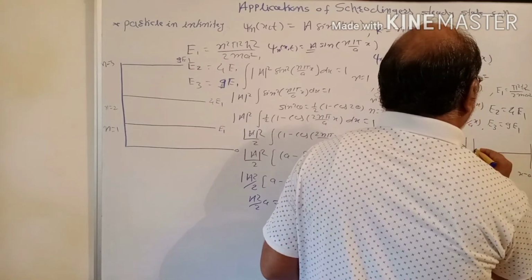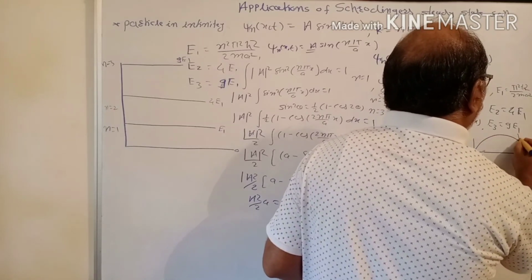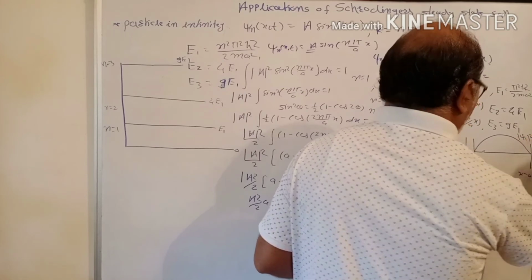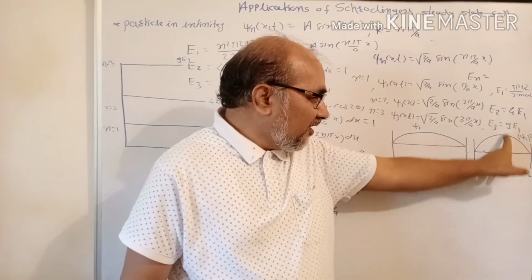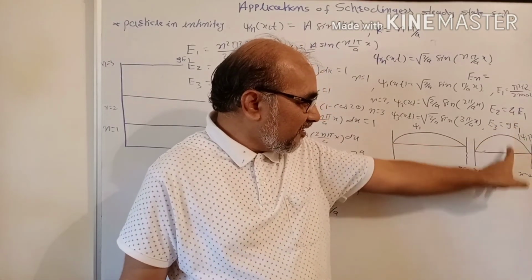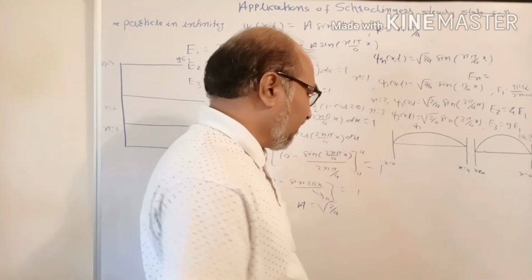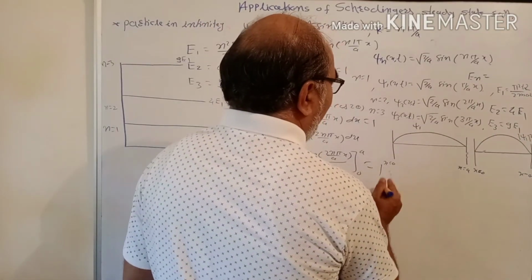So mod of psi 1 square is the probability density. There is a maximum probability density at the center. This is for psi 1.